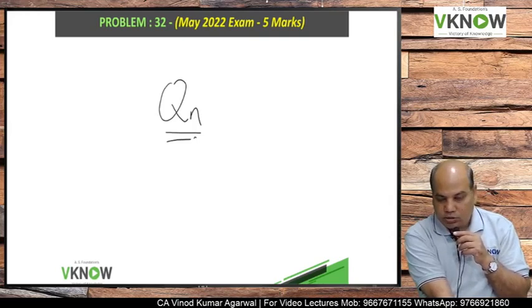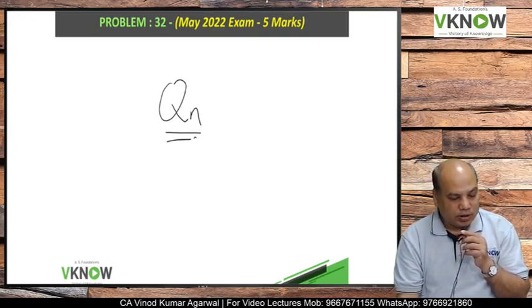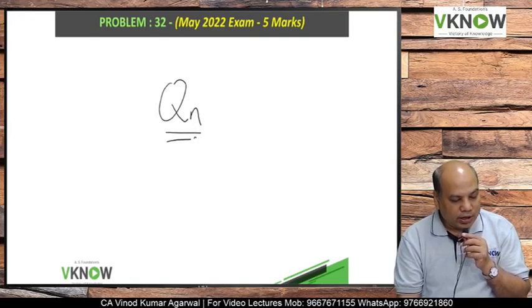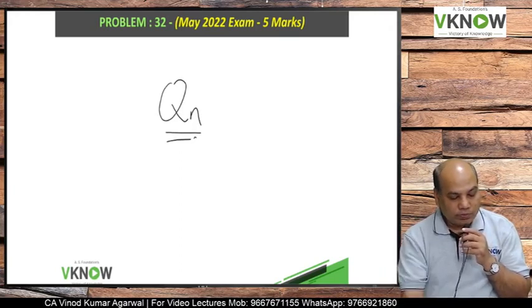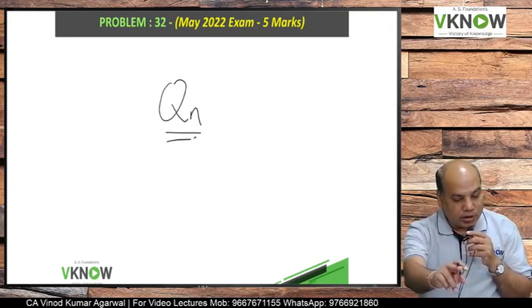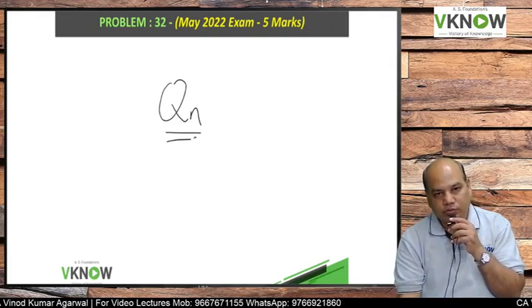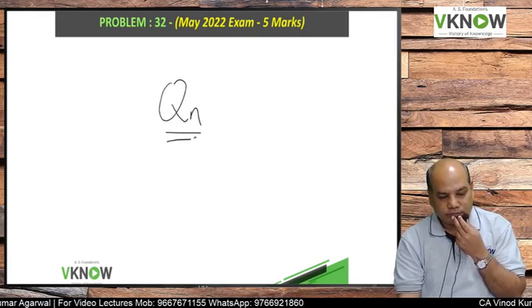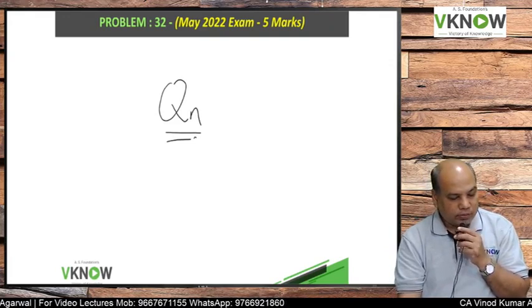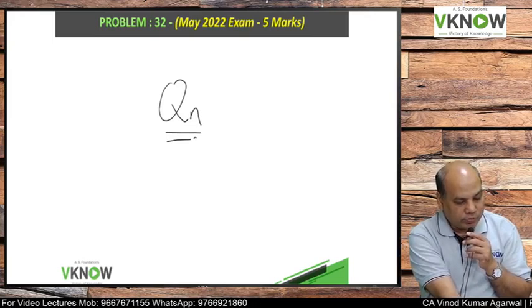You have to apply sensitivity analysis in such a manner that what should be that project cost, and what should be that annual cash inflow at which NPV will be equal to 0. So you have to do reverse working and find out that value. This is a 5-mark question. To help you, they have given you present value factor also.